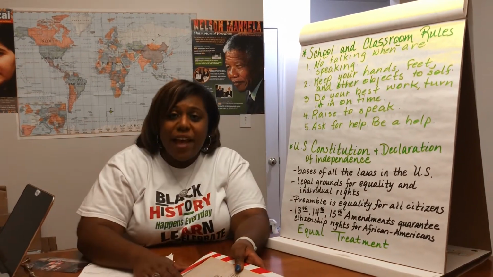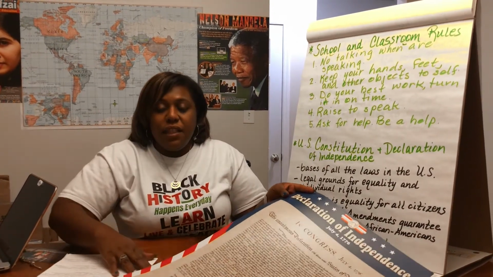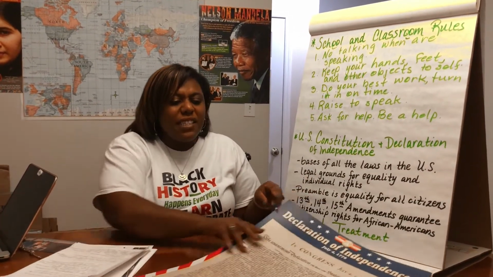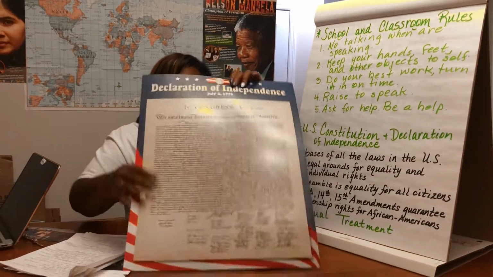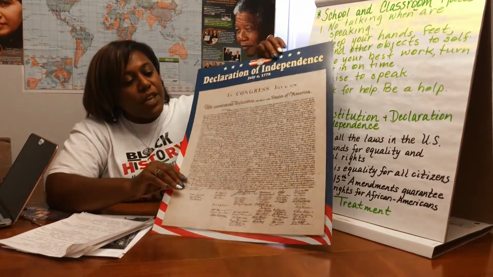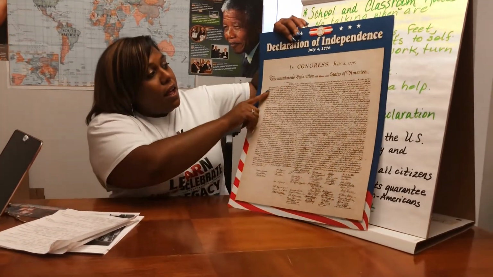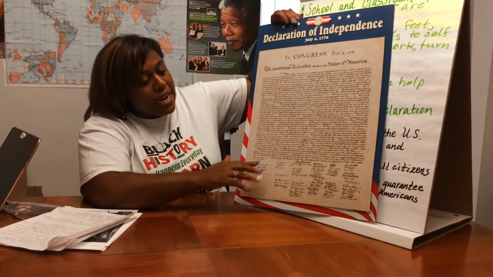I could not find my copy of the Constitution. You guys seen it? So I got this poster though. I do have a poster. And have you seen this type of paper? So this is a replica of the Declaration of Independence.